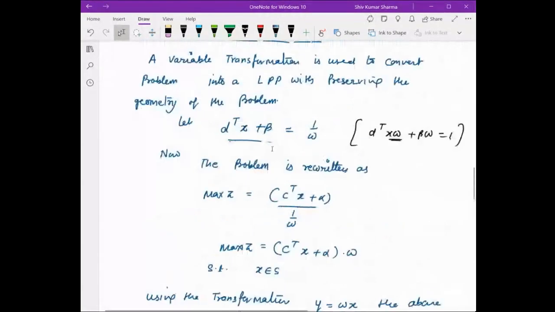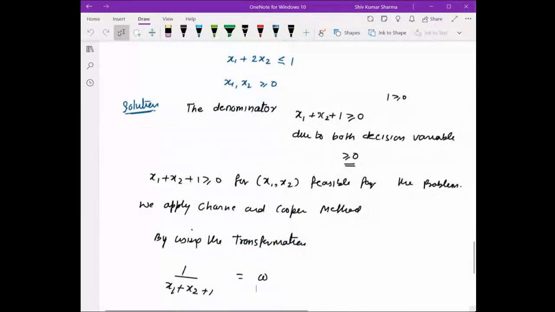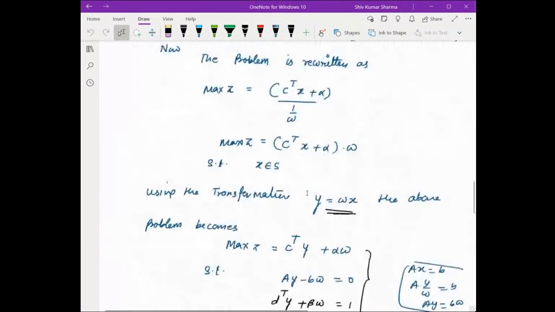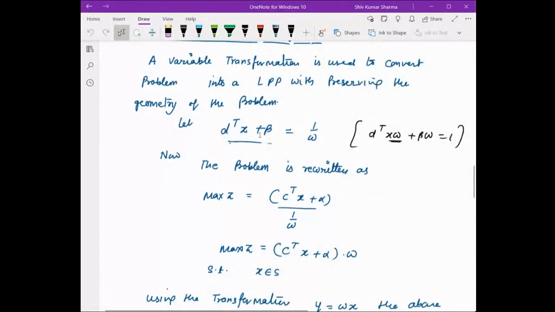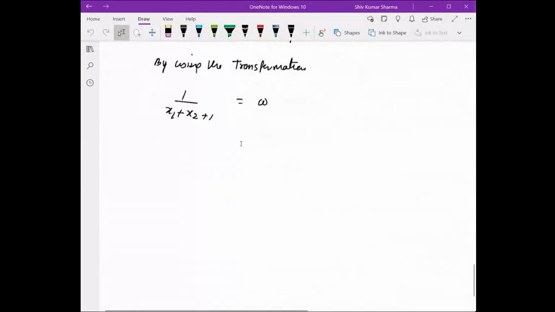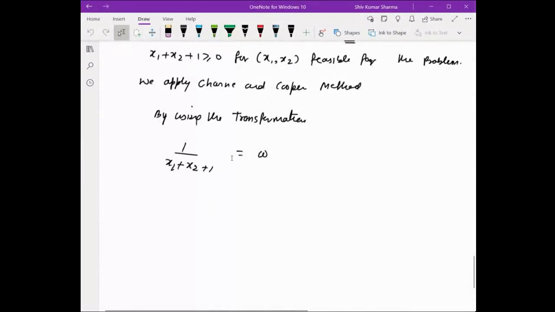Here we write this transformation, that means we consider this term d transpose x plus beta equal to 1 upon omega. So we take 1 upon this term equal to omega, and y1 equal to omega x1.